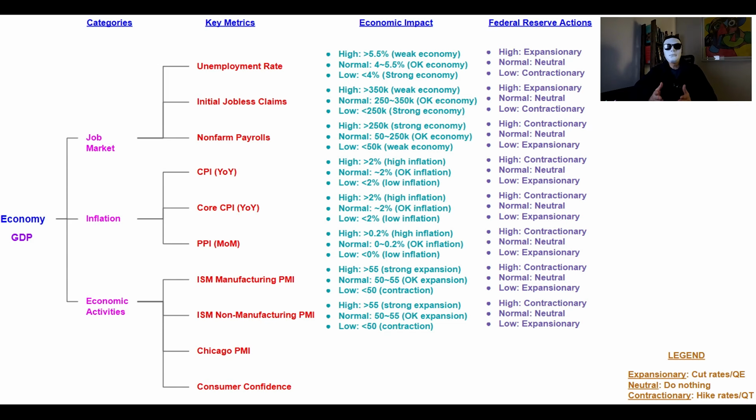Basically, Chicago PMI gives us a preview of how the ISM manufacturing PMI will look in the next 1 to 2 months, given Chicago is the starting point of the manufacturing activities in the US. Now, on the economic impact and the Federal Reserve's actions, it is the same as other PMI data.